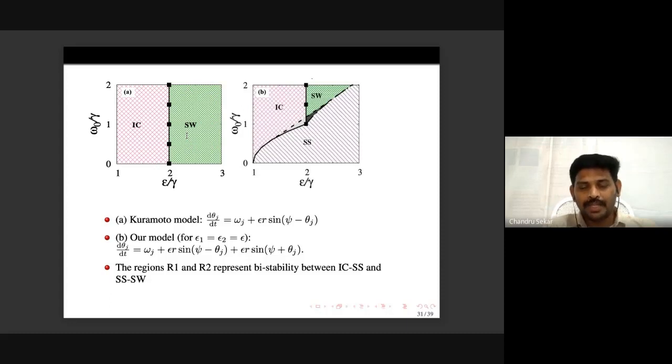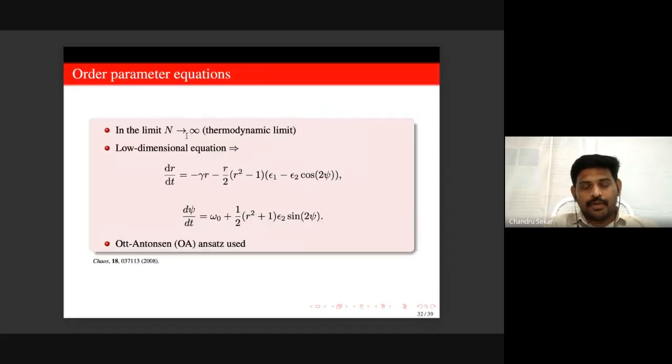Due to that bistability region, we have a first order phase transition, as well as, in some regions, second order phase transitions. We have also found the analytical stability condition for all the states in the thermodynamic limit using the Ott-Antonsen ansatz.